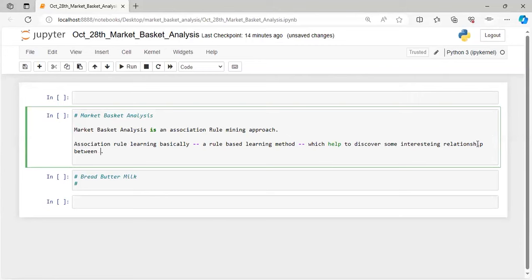So this is the basic concept, between variables or items, in a large data set. The same thing you can think about if you are doing some kind of research, pharma research, medical research, agriculture product research also. You can find some kind of association of two components also, that you can notice.